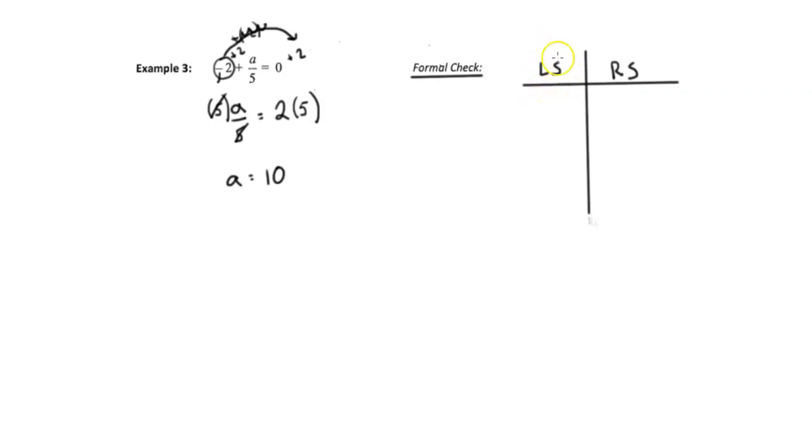All right, so let's look at our original equation. It was -2 plus a over 5 equals 0. So the right side of that equation is just 0. The question is, does the left side equal 0 when a equals 10? So left side equals -2 plus 10 over 5. 10 divided by 5 is?